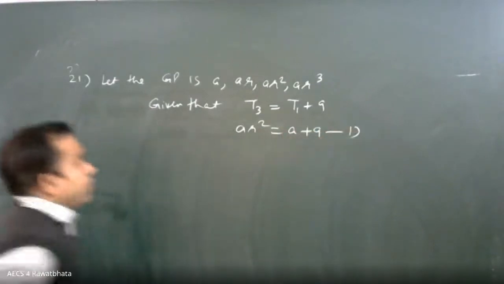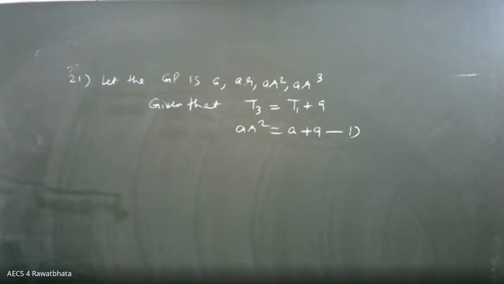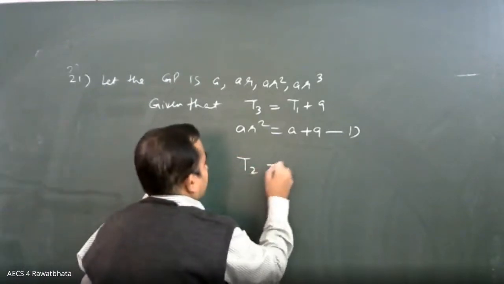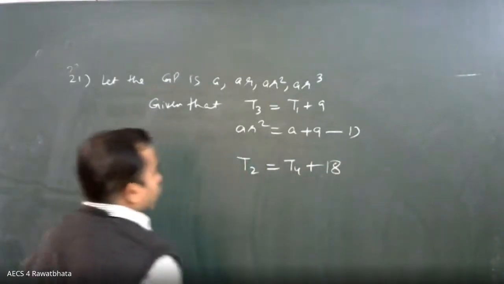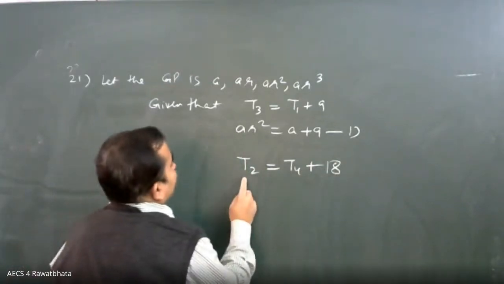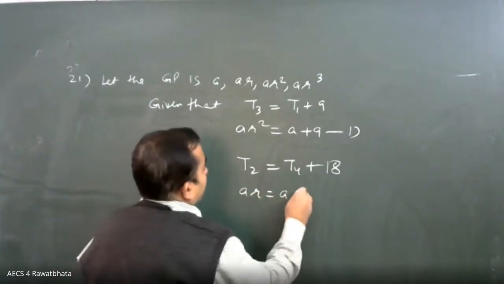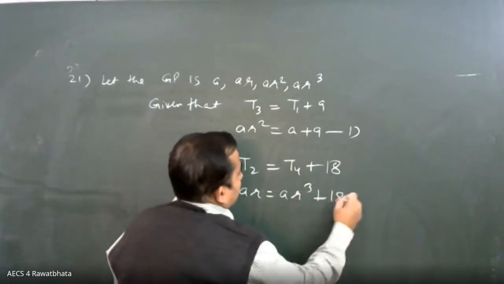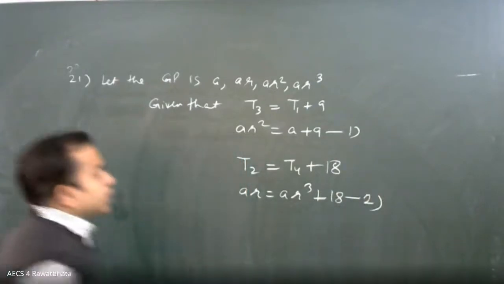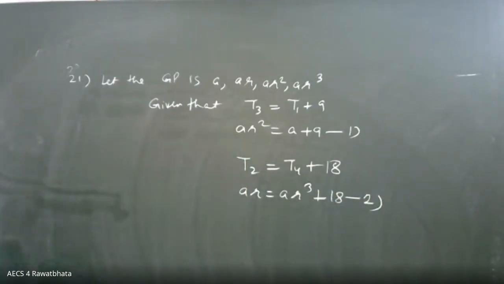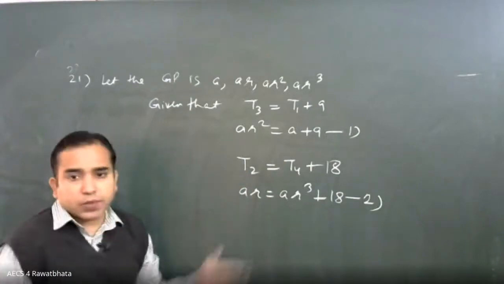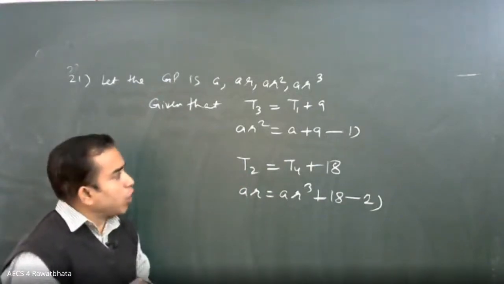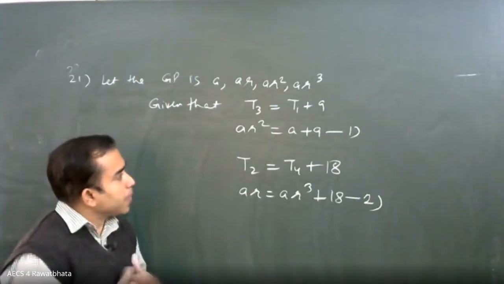Equation 1. Also given that the second term, which means ar, is equal to ar cube plus 18. This is my equation number 2. Now suggest, Edwin, how to solve. Is anything else given or only this much? This much only, because two variables, a and r, and two equations. So the information is sufficient.